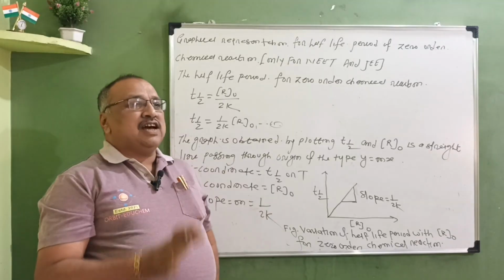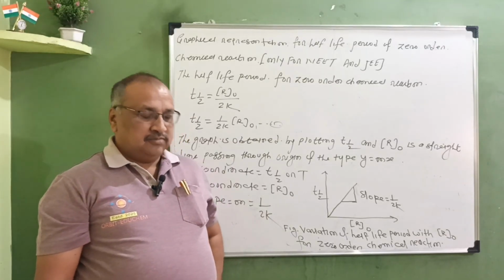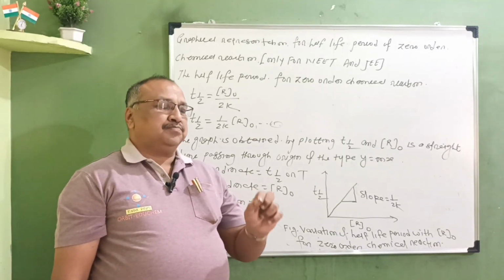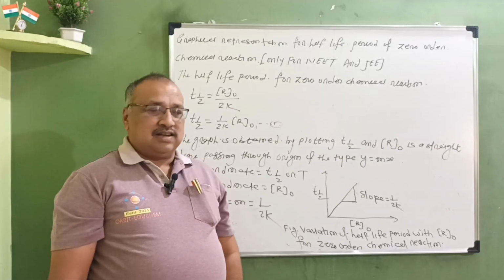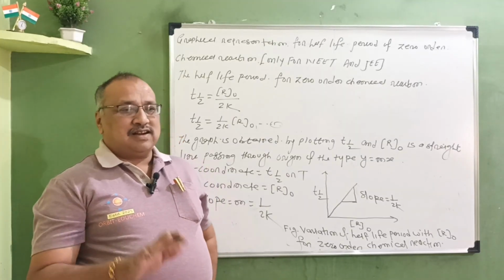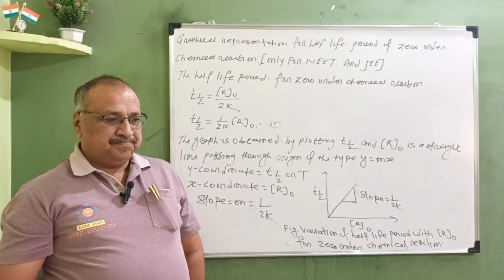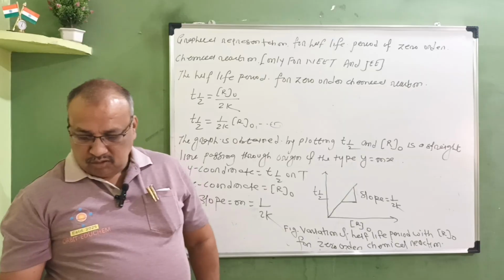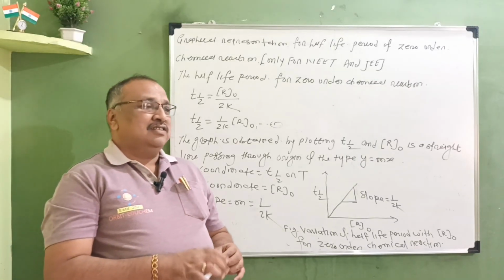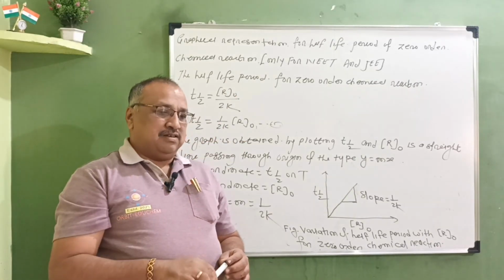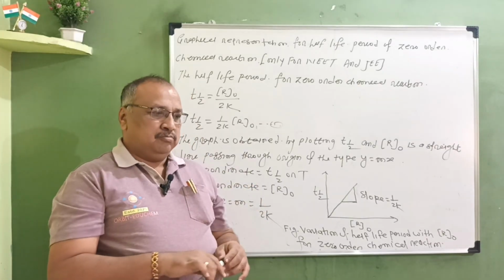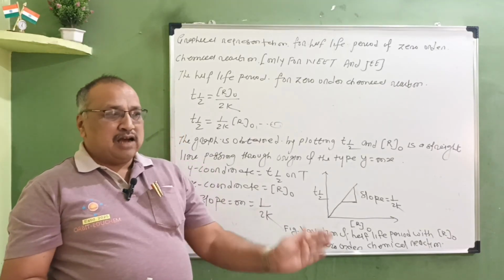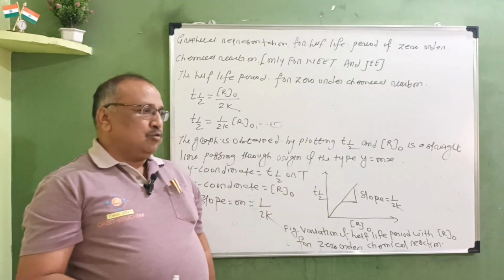Now this is regarding the half-life period for zero order chemical reaction and their graphical representation. Keep in mind the most important point is the definition of half-life period. Period means time and half means half of the reactant is converted into product.